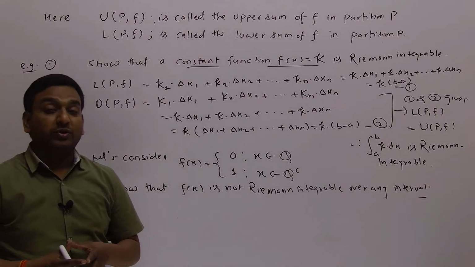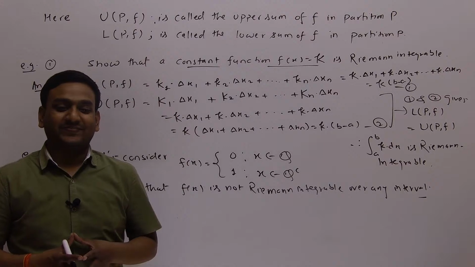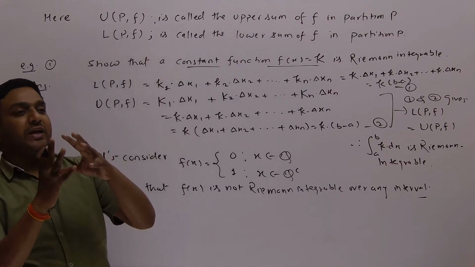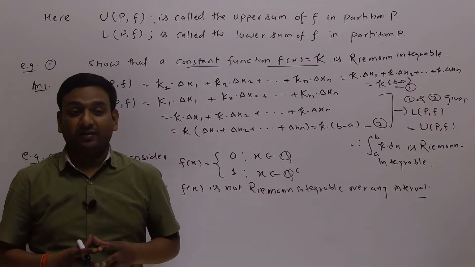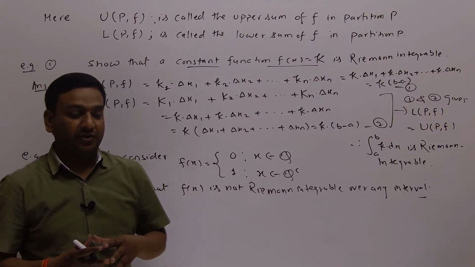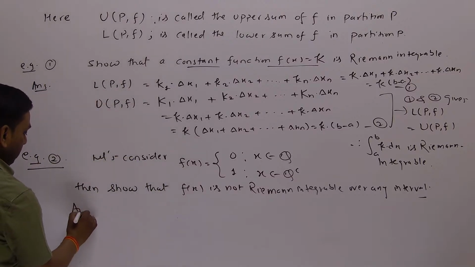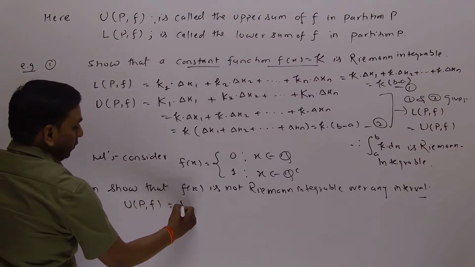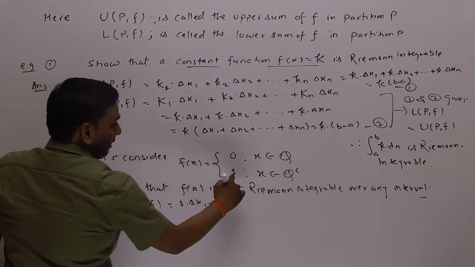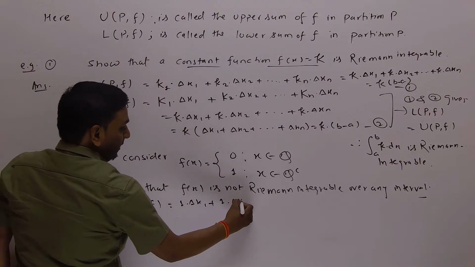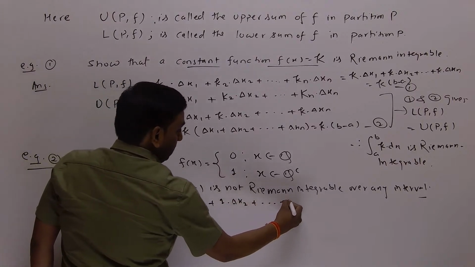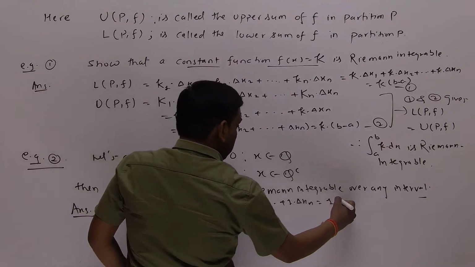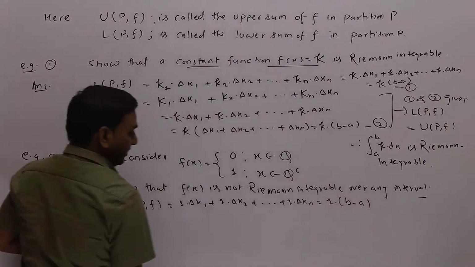Can you try to think over this? If you take any partition P of the limits of integration, what will happen? If you talk about upper sums, obviously since the upper bound is 1, this will be 1 into b minus a.